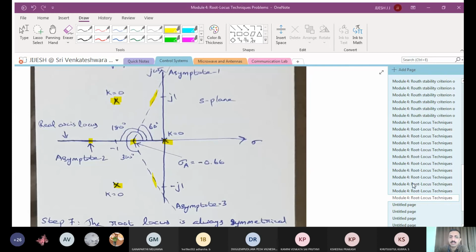We got three poles there: 0, minus 1 plus j1, and its conjugate. That pole we are going to consider, and the angle of departure can be evaluated.